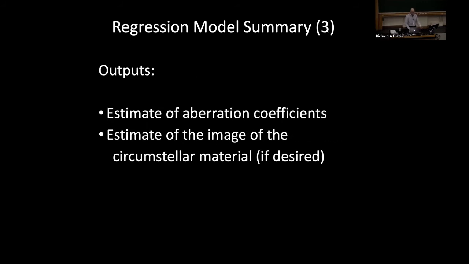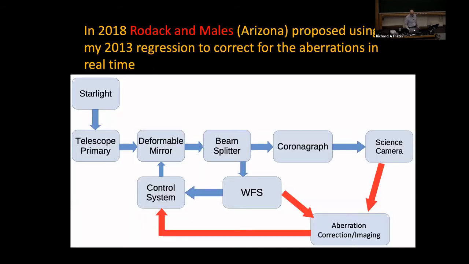The outputs of the regression model give you an estimate of the aberration coefficients, which, depending on what you're doing, might be all you're going after. But you can also augment it to make an estimate of the image of the circumstellar material, so planets and disks.